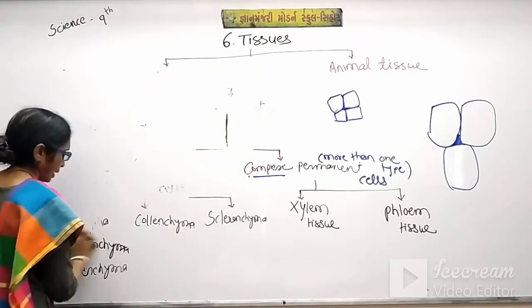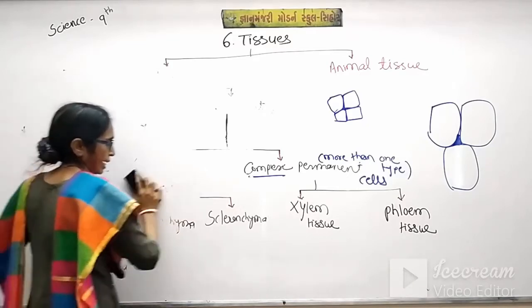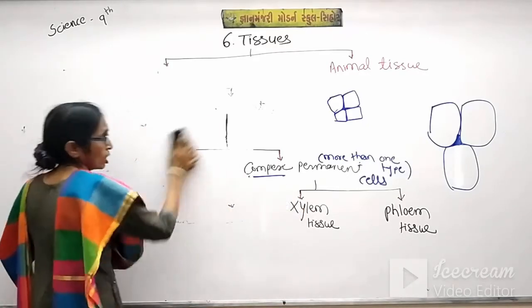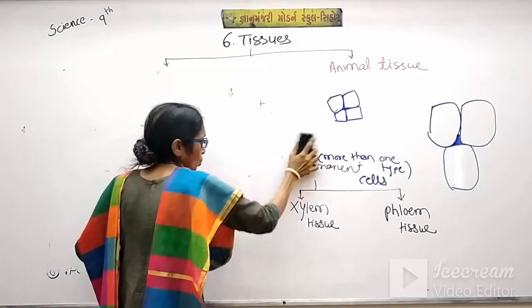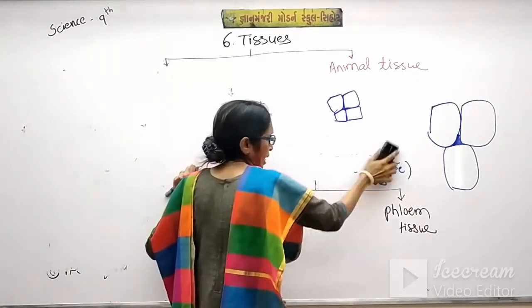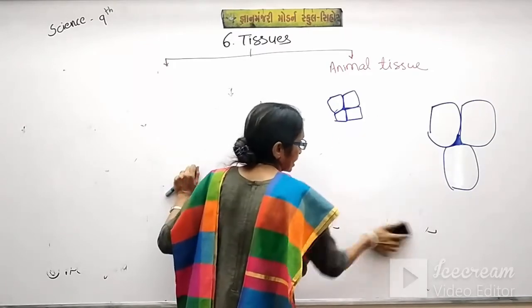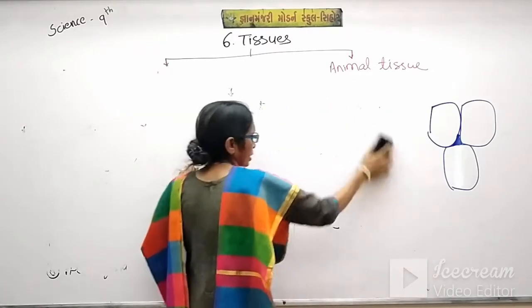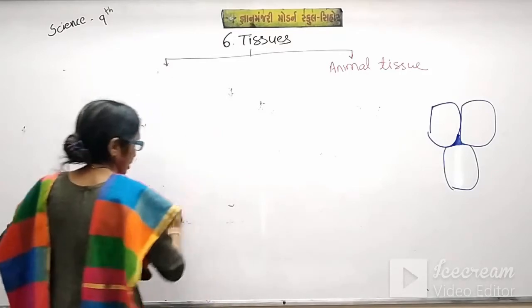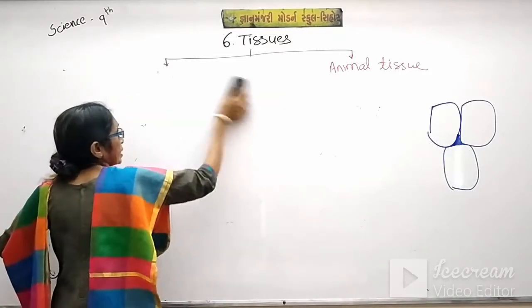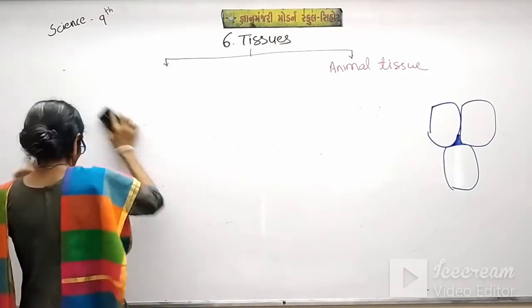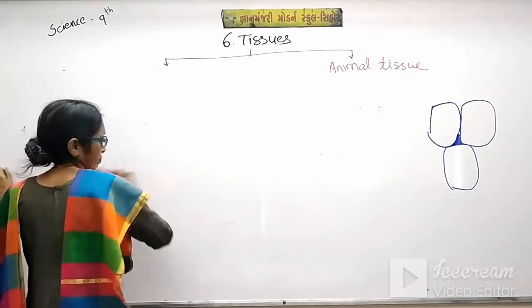types of plant tissue. We will write the characteristics of these plant tissues one by one. Students, I am giving you these characteristics in a very easy way. From here you have to learn these characteristics and also write and learn.